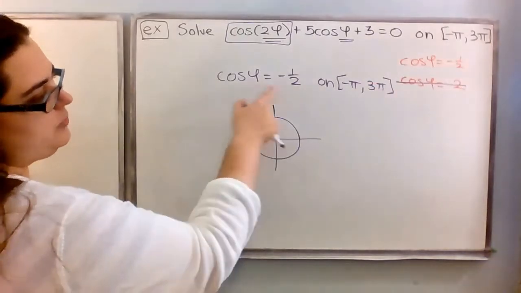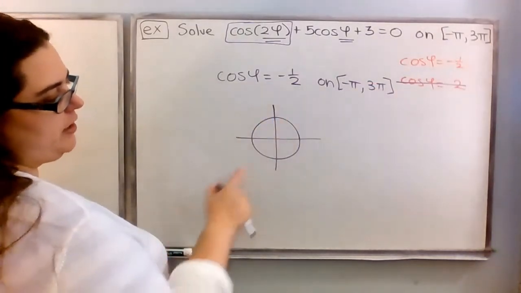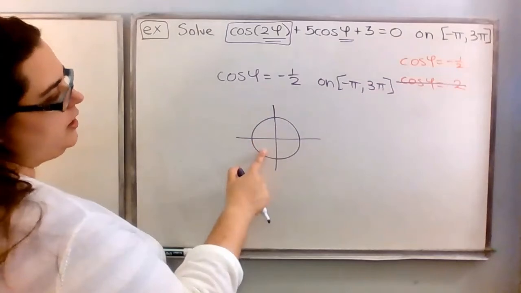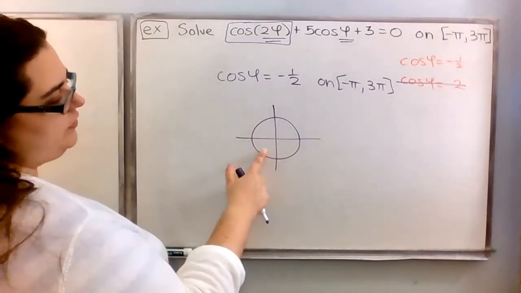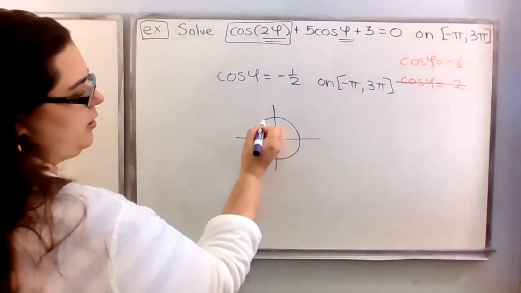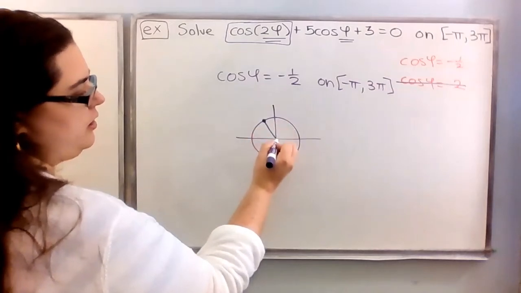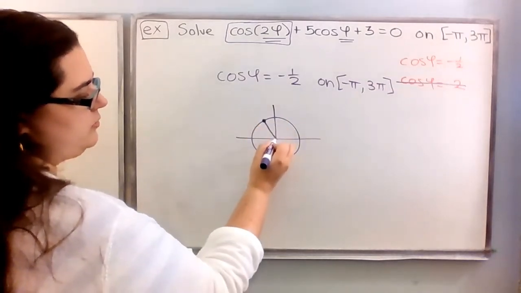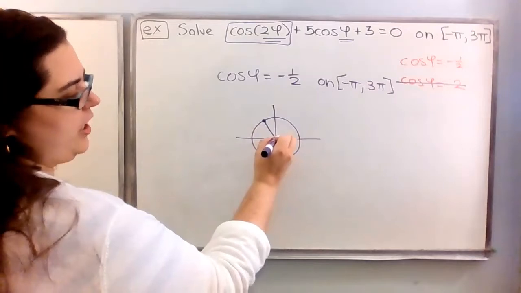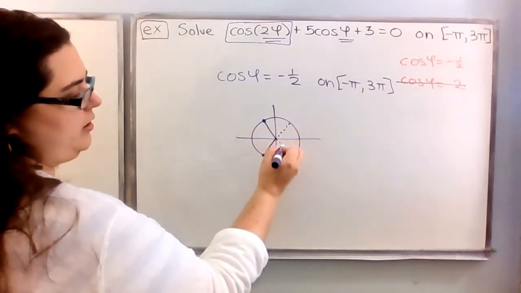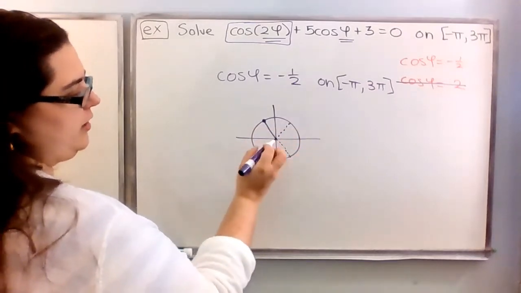Now for cosine to be a negative, that means we have to be in quadrants 2 and 3. And cosine is negative 1/2, so that means we're going to be up here or down here. And these are at the pi thirds. So I'm going to indicate my pi thirds to help me count.